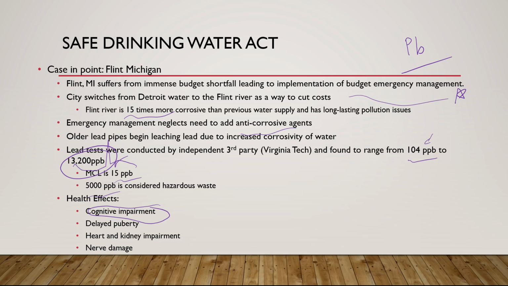And so one of those things, as a potential voter, and I want you guys to think, this is not a partisan issue. This is something that we have to consider, is the budget, the bottom line dollar. Should that really outweigh the health and well-being of the people that live in an area? Okay, in many cases it does, and we have legislation in place to be sure that it does.